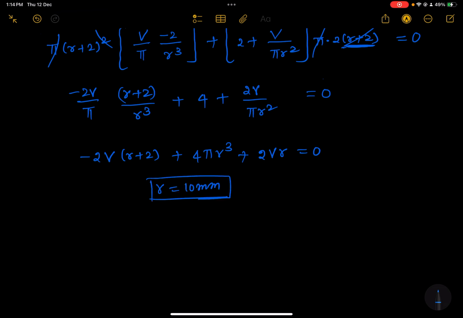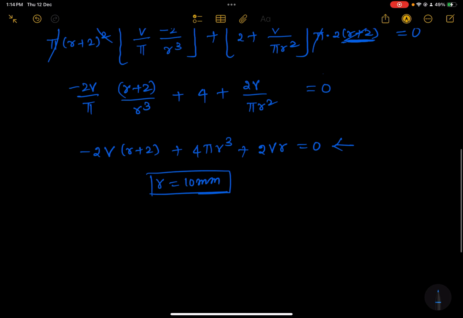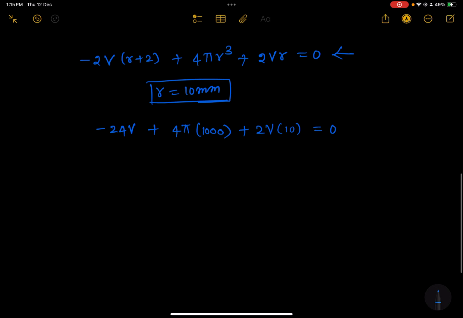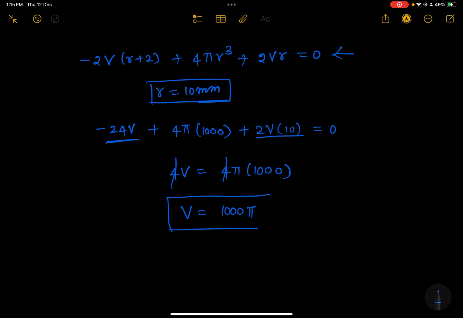So r is equal to 10 will be the root of this equation. So let us substitute r equal to 10. That will give us minus 24V plus 4 pi times 1000 plus 2V times 10 equals 0. So this is 20V, this is minus 24V, therefore 4V is equal to 4 pi times 1000. So V is equal to 1000 pi when r is 10 mm.